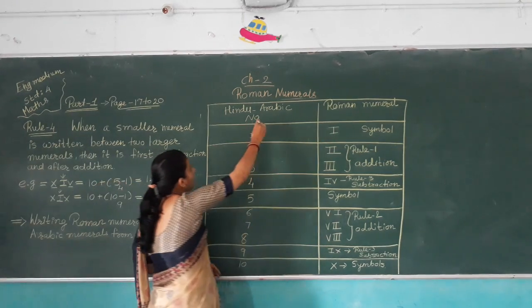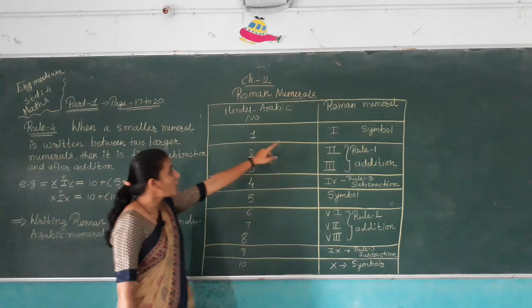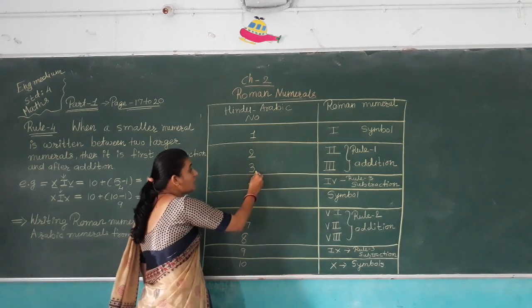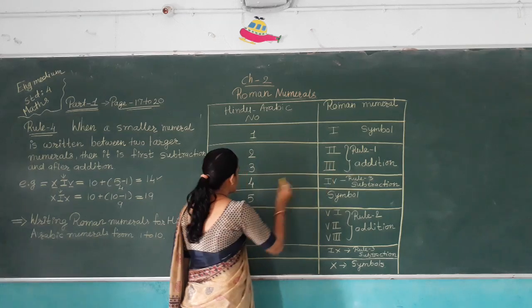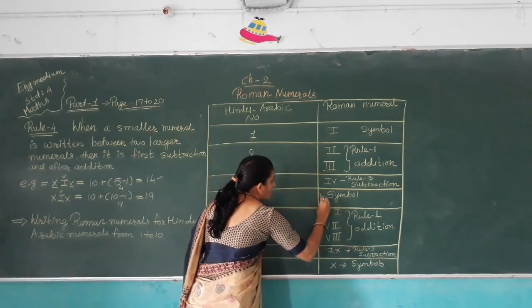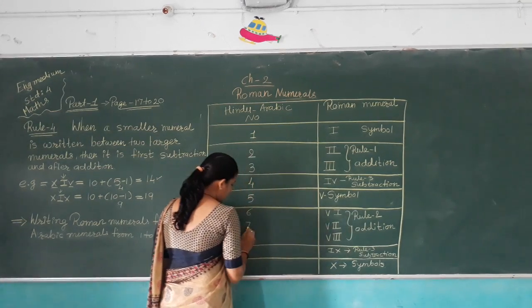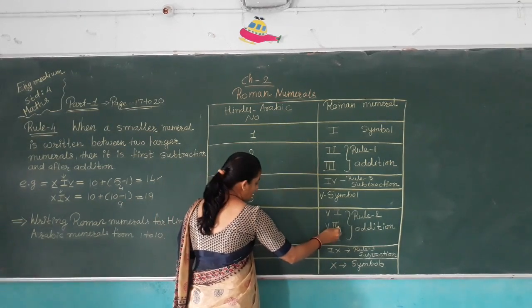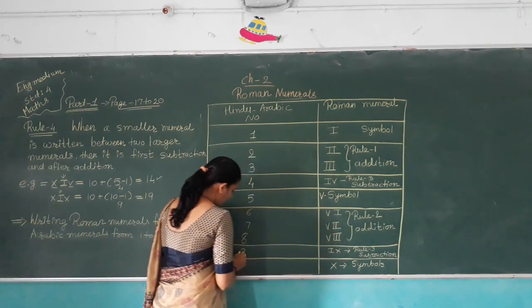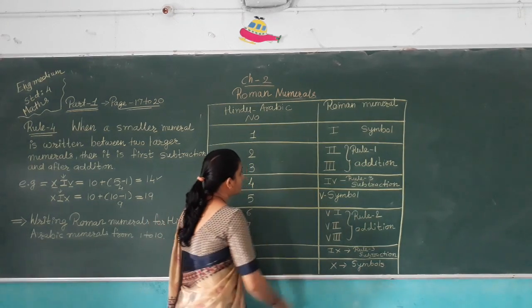Here are the Hindu-Arabic numbers and Roman numerals: 1 for I, 2 for II, 3 for III, 4 for IV, 5 for V, 6 for VI, 7 for VII, 8 for VIII, 9 for IX and 10 for X.